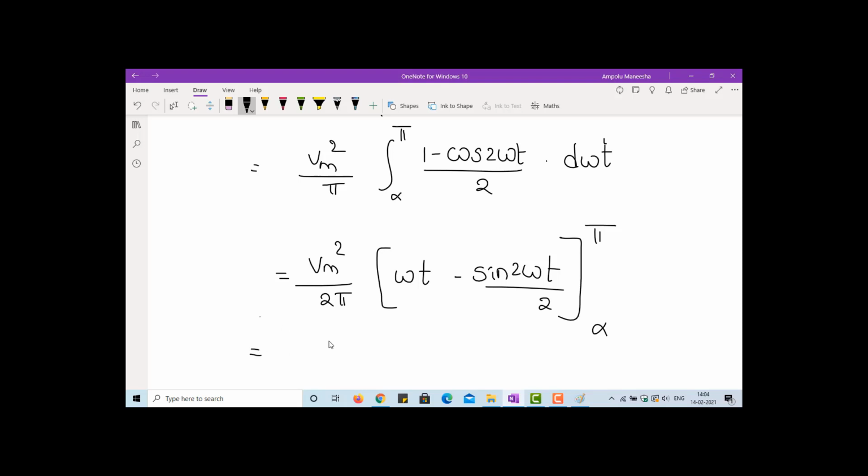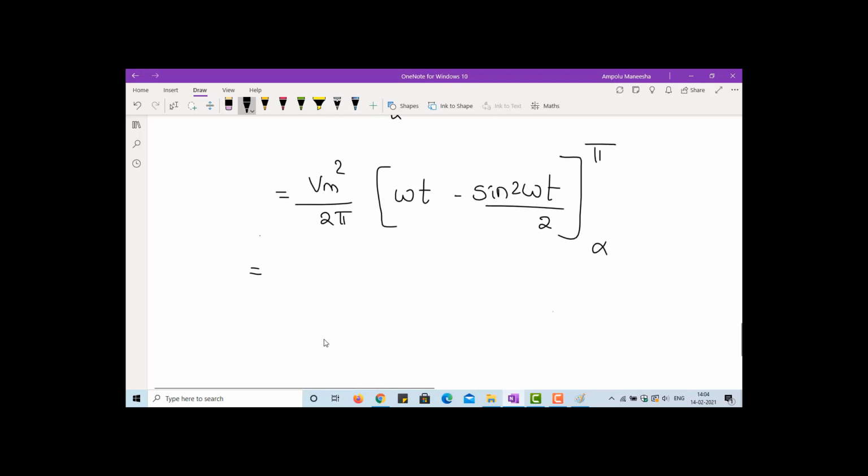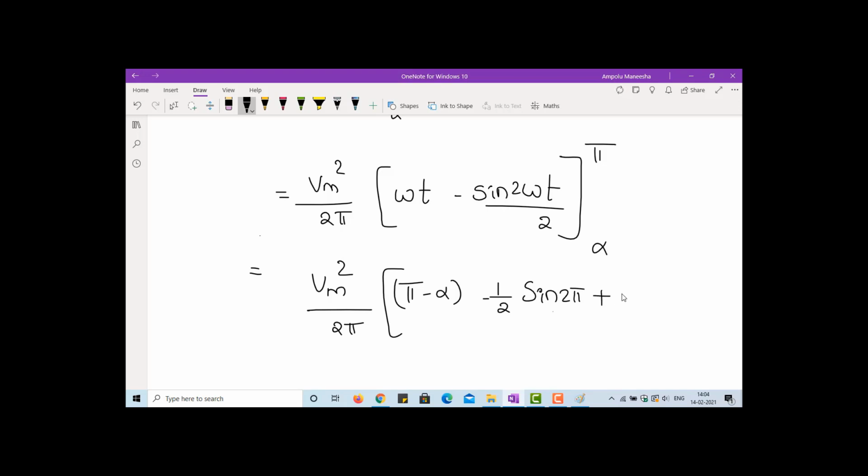So, Vm square by 2 pi, after substituting the limits, pi minus alpha minus 1 by 2 sin 2 pi plus 1 by 2 sin 2 alpha.